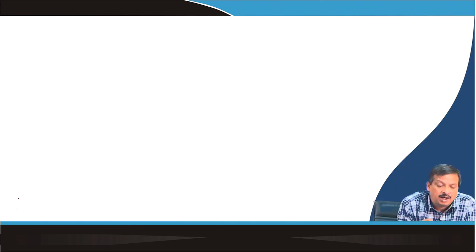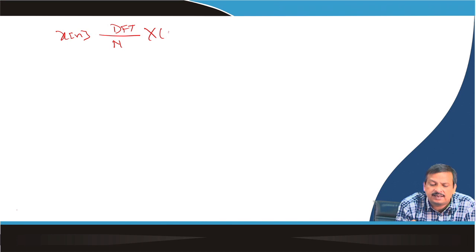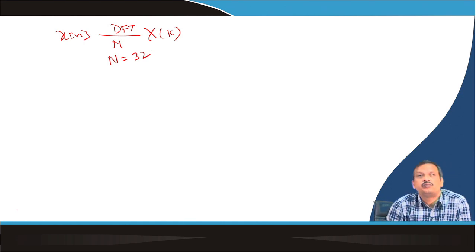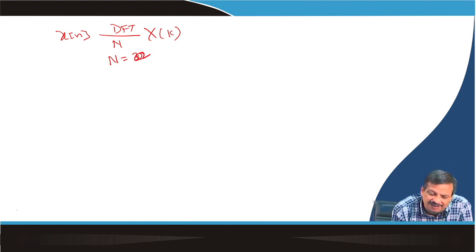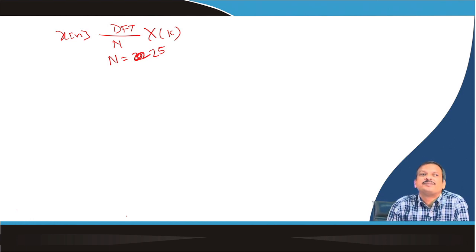Let's say I have x of n and I want to compute the discrete Fourier transform, then I get X of k. Let's say N is equal to 25. Purposefully I am taking 25.